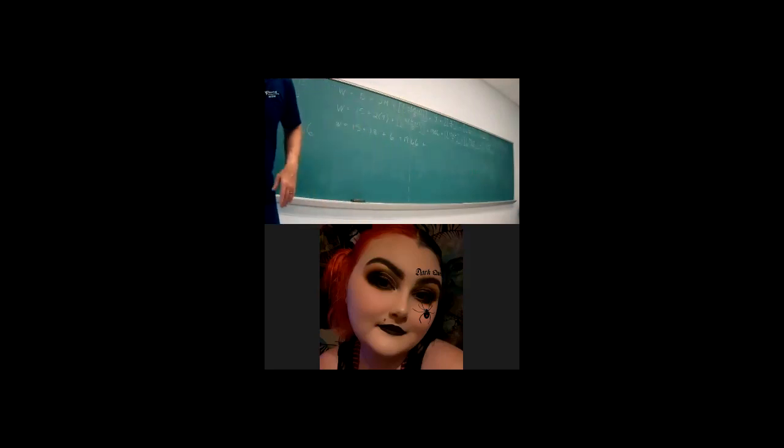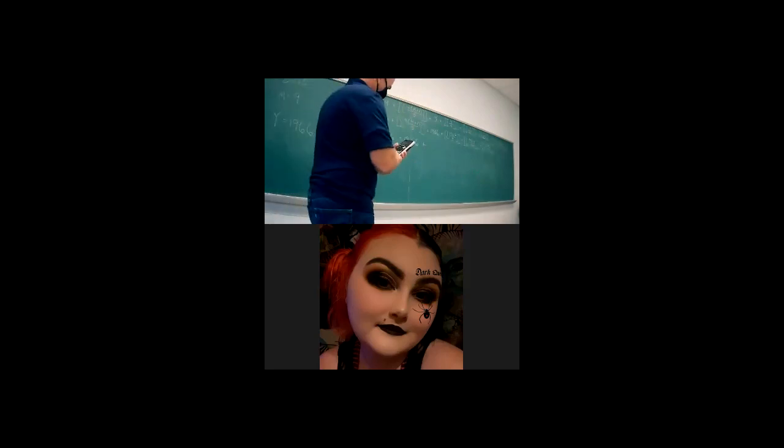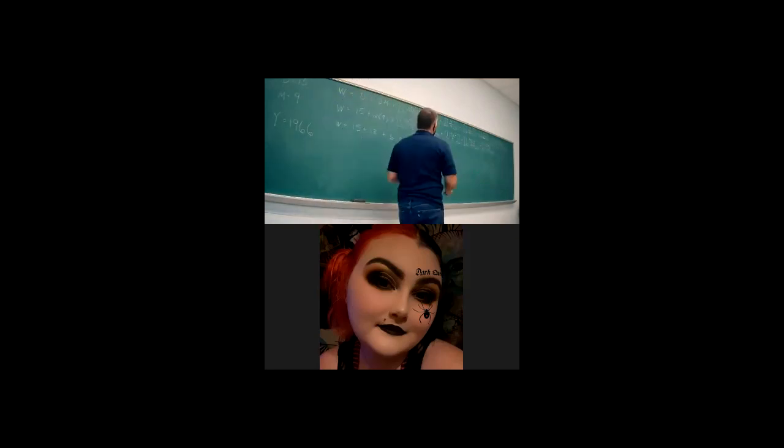I'm doing old school here. 1966 divided by 4 is 491.5. So 491. Minus, now that divided by 100 would be 19.66. So the greatest integer less than or equal to 19.66 is 19.